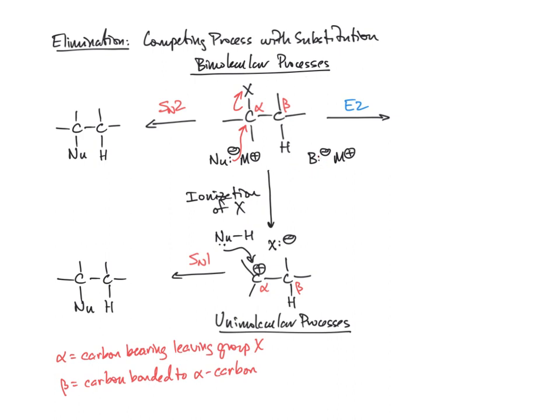So that's the first arrow that's pushed. So we're forming a base hydrogen bond. We have to break the existing CH bond. And now what's happening is you're forming a pi bond between alpha and beta, and then the leaving group is leaving. So once you do that, you end up with an alkene.